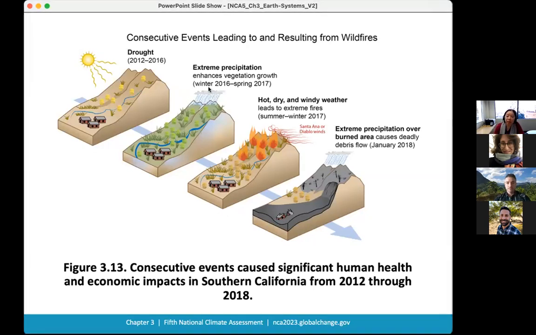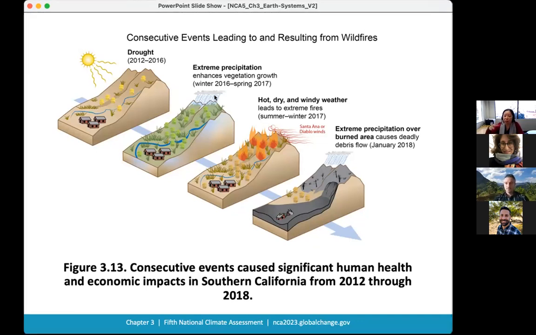But then starting from the winter of 2016 to the spring of 2017, the temperature and the moisture conditions changed quite a bit, and there were also quite a lot more extreme events. One might recall that in spring of 2017 there were a series of atmospheric rivers hitting California. So this extreme precipitation and the generally moist condition allowed more vegetation to grow.